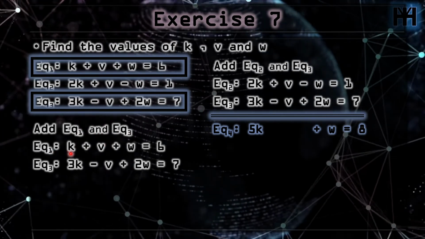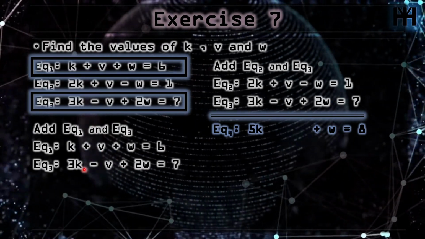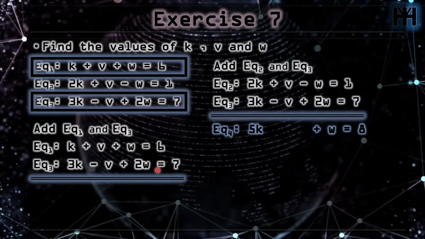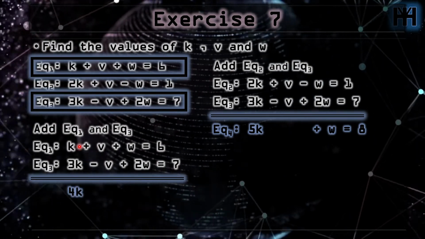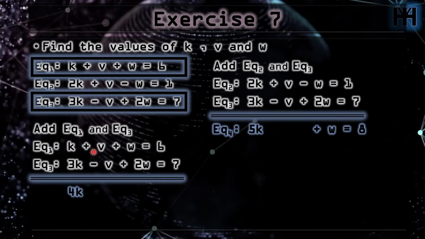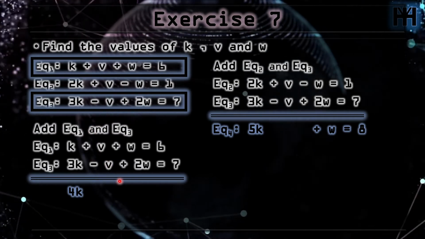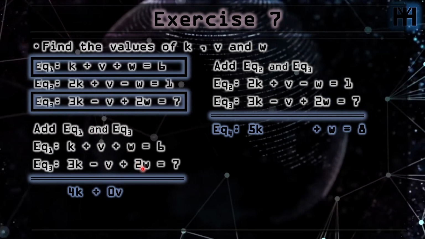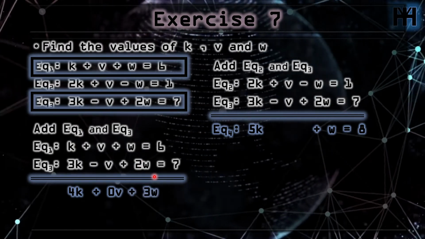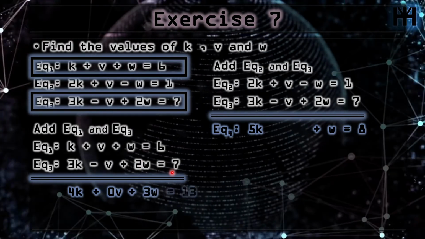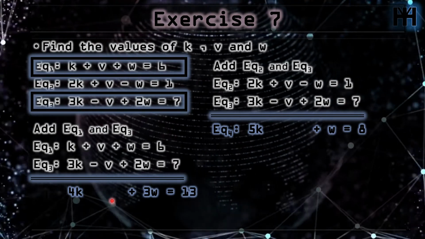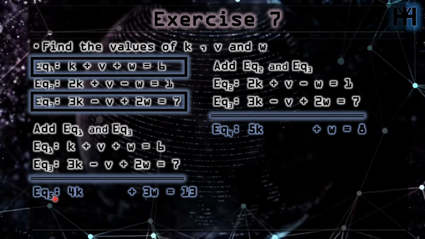We have k plus v plus w equals 6 and 3k minus v plus 2w equals 7. When we add them, we have k and 3k, it's 4k, and positive v and negative v cancel out each other. It will be 0v, and w and 2w, it will be 3w. Then 6 and 7 added together is 13. We can get rid of this 0v. Then we have equation 5.